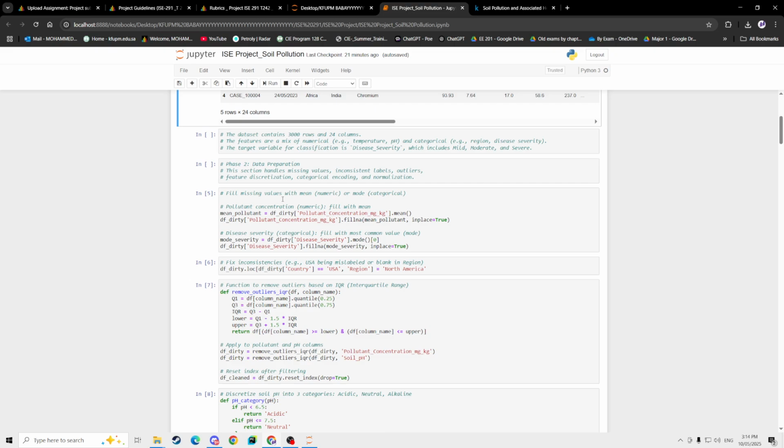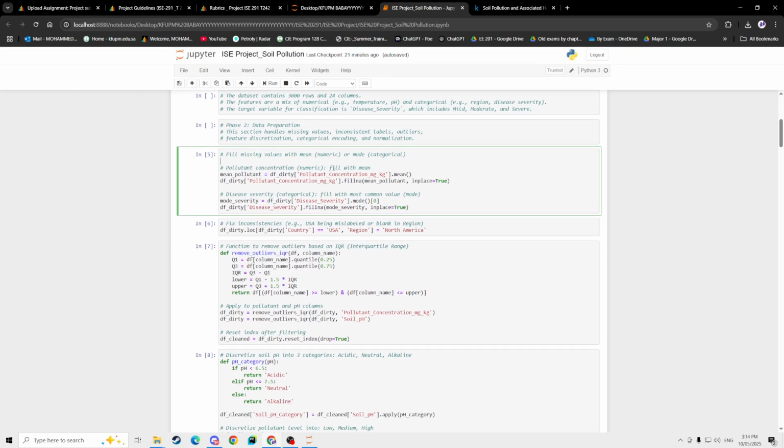So here, starting from this cell, I filled the supposed missing numeric data with the mean values of the pollutant concentration, and I used the mode values to fill any missing categorical disease severity spots.